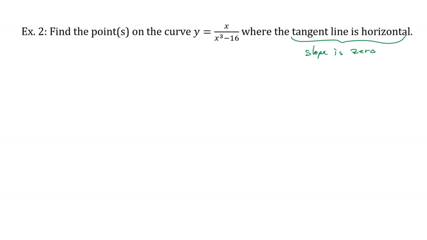So this one we don't need to clean up. I think we're going to just take the derivative. Does that sound right? Yeah? x cubed minus 16, yes. Yep. Are we okay with that, taking the derivative?